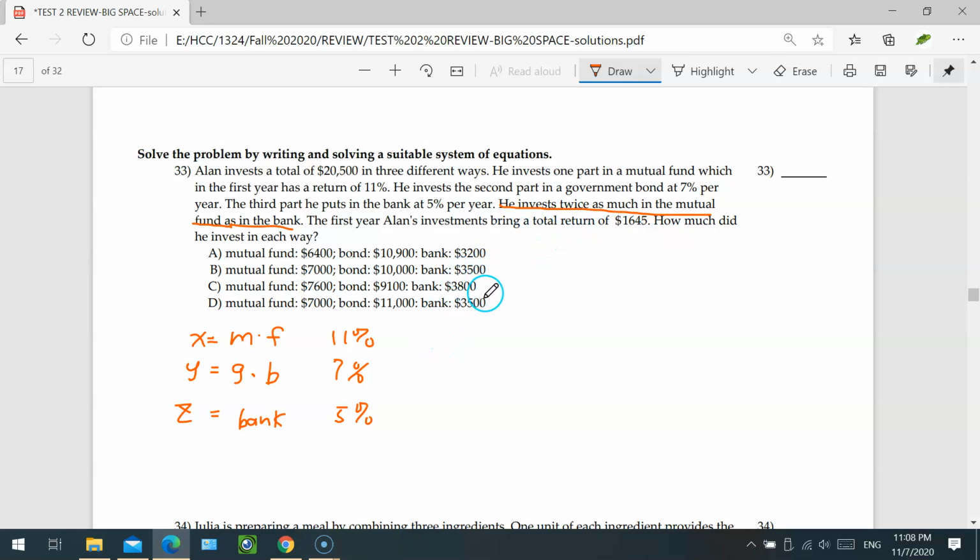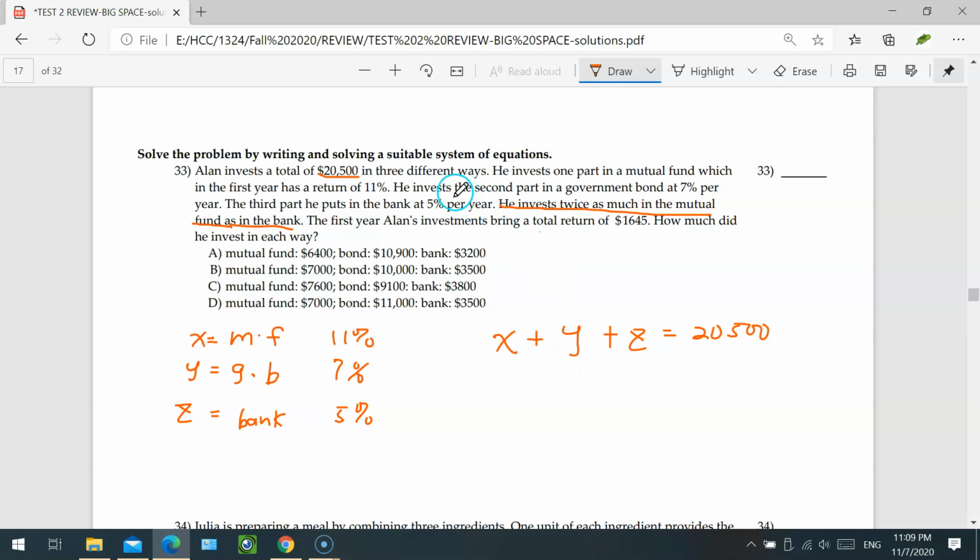Okay, so we have the unknowns X, Y, Z. So we need to create the equations in order to solve for X, Y, Z. From the first sentence, Alan invests a total of $20,500. So that means the mutual fund plus government bond plus money put in the bank, the total amount would be $20,500.